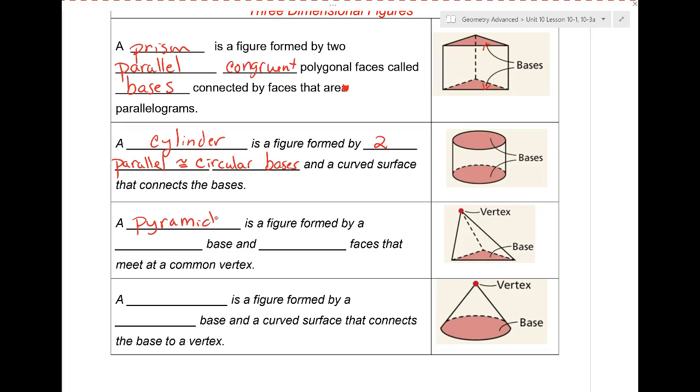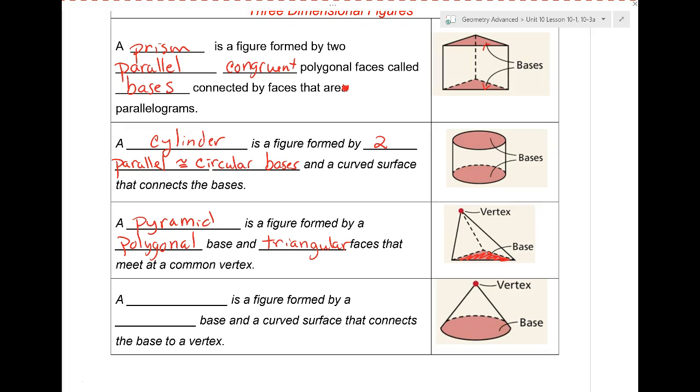A pyramid is a figure formed by a polygonal base, as long as it's a polygon, and triangular faces that meet at a common vertex. Now, how do I know if something's the base or not? Here's how you know if something's the base of a pyramid. It's the one that doesn't go to the vertex point.